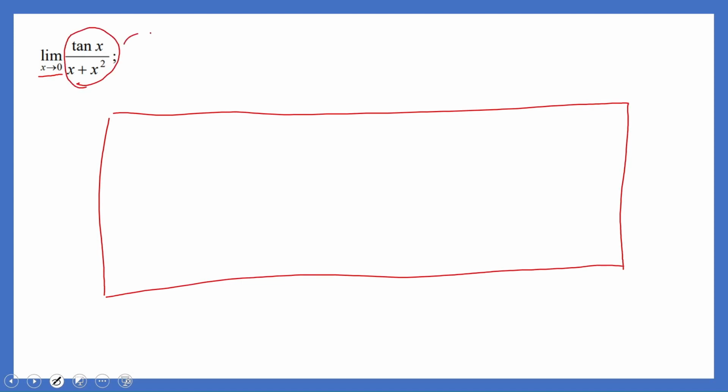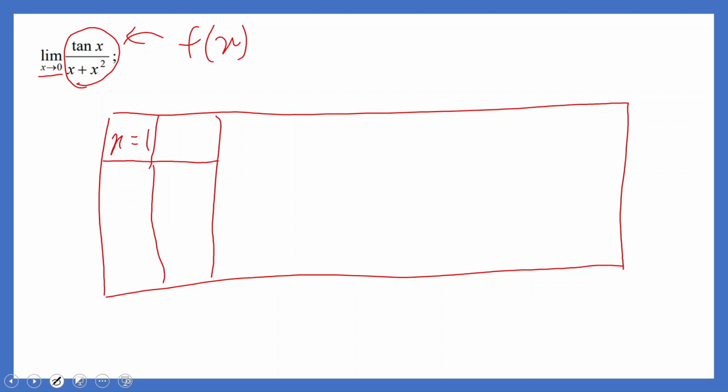Let this over here be f of x, because I'm not going to write tan x by x plus x squared the whole time. Now, what I'm going to write over here, the first one is x equal to 1 and x equal to minus 1.